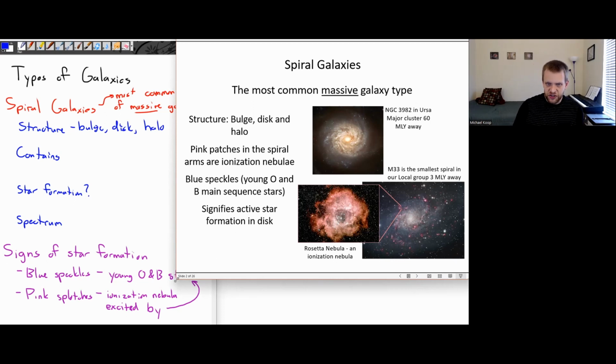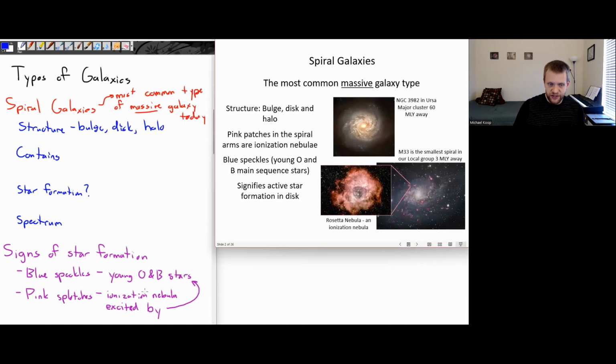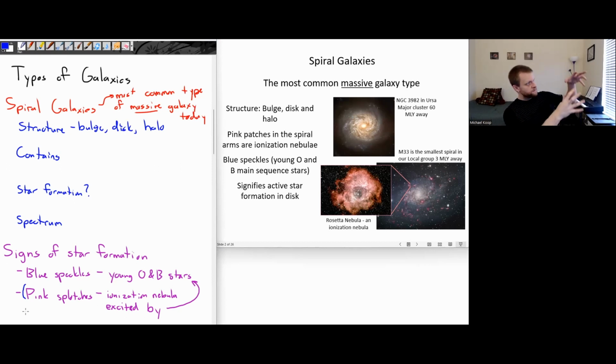We also have these pink patches, these pink splotches, which are signs of ionization nebulas. We talked about the blue speckles being a sign of star formation. Those O and B stars don't last very long, so they must have just recently formed. These pink splotches are the ionization nebulas, where I have a cloud of predominantly hydrogen gas. Still, the proportions are 3/4 hydrogen, 1/4 helium, 2% heavier stuff.